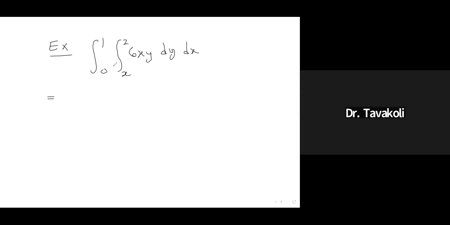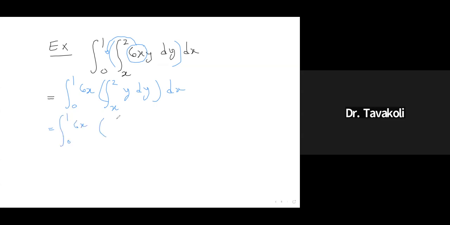Again, for the interior integral, 6x is a constant, can be pulled out of the interior integral. So 6x here, I have the integral from x to 2 of y dy, and then dx. So this is the integral from 0 to 1, 6x.